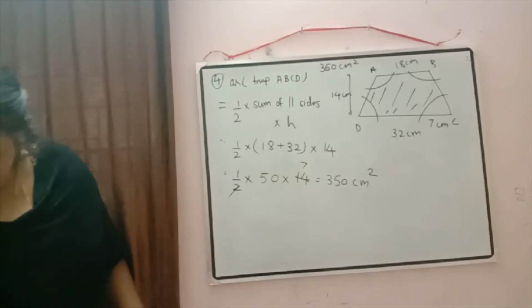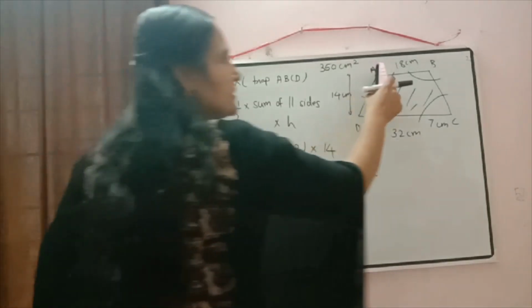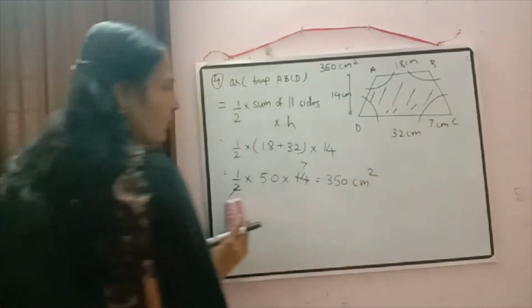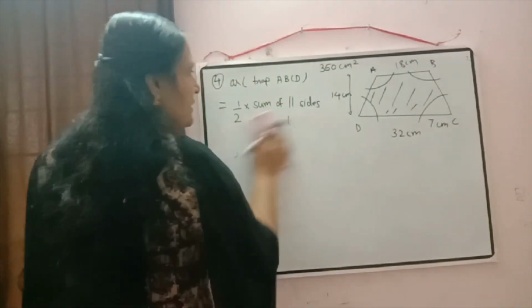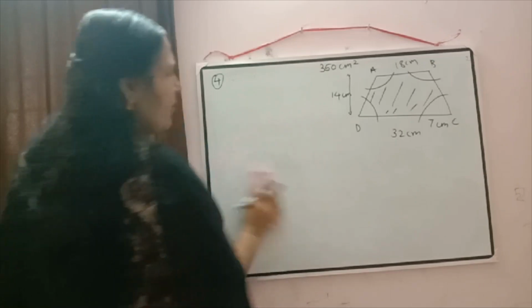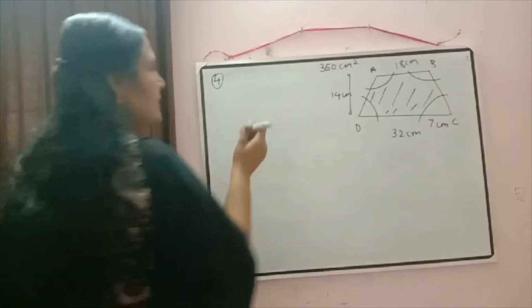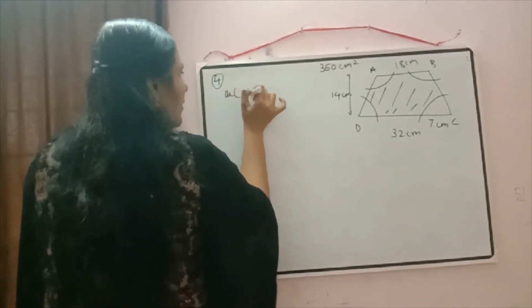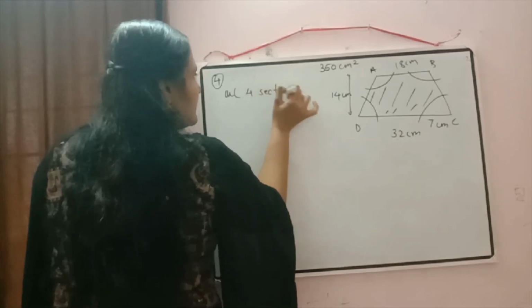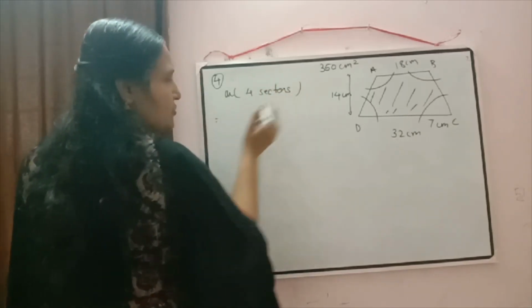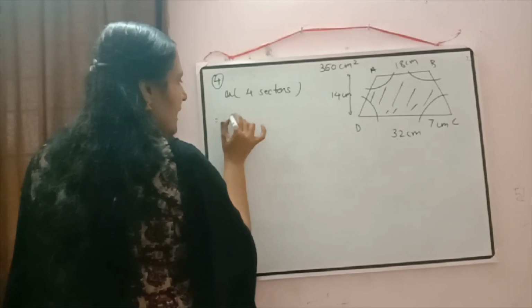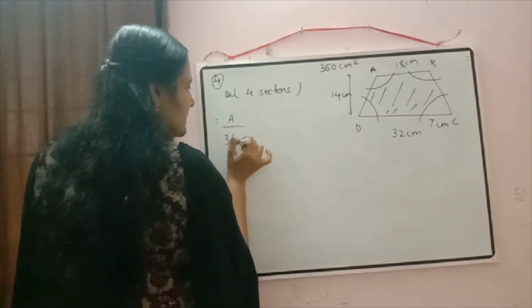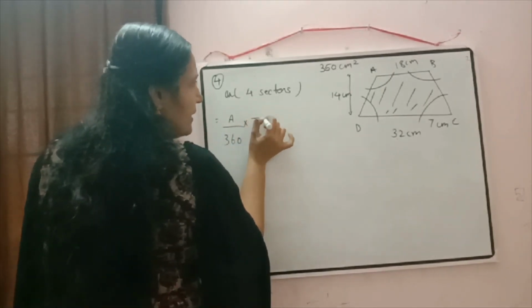Now from the area of trapezium we have to subtract the area of these four sectors. So write down there area of 4 sectors is equal to, if you will check the first one, angle here it is A. So A by 360 into pi r square.